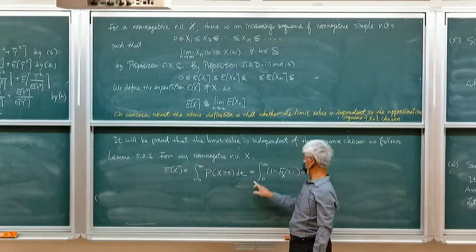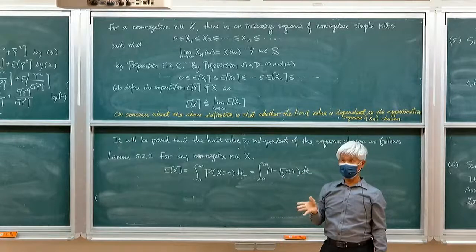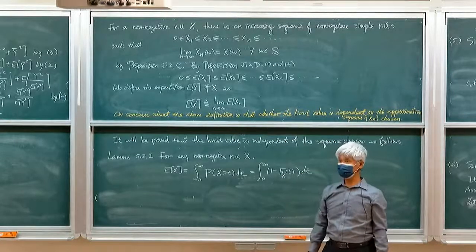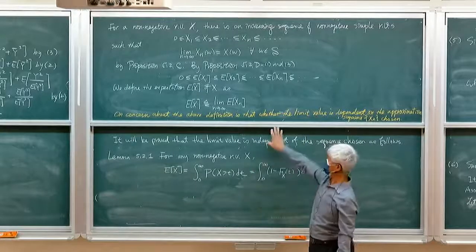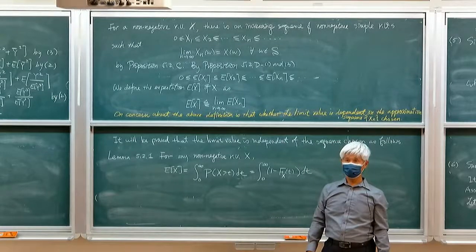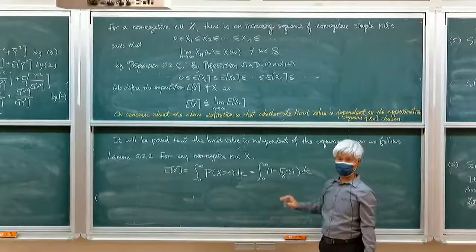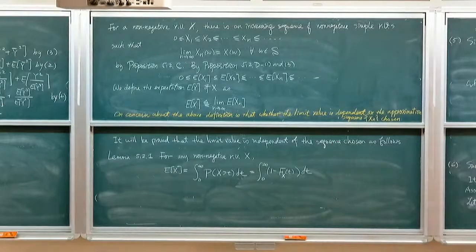And this one depends only on the CDF of the random variable, which is unique. So once we prove the lemma, we settle our concern. Okay? Right. So next week I will prove this lemma in a general setting. All right. So I stop here.